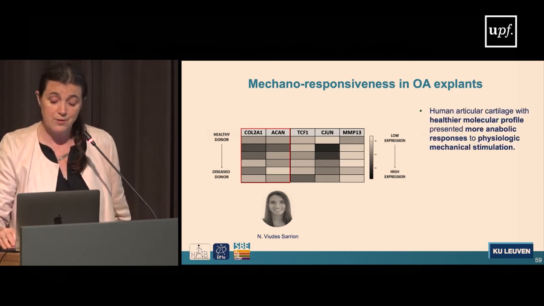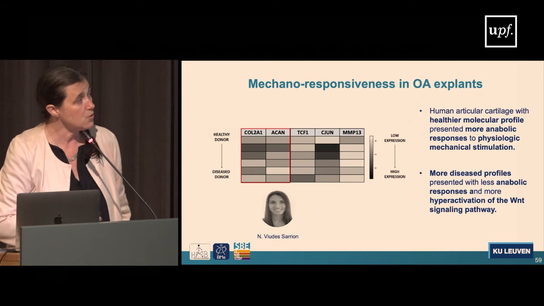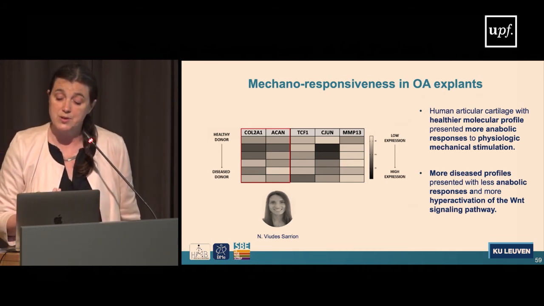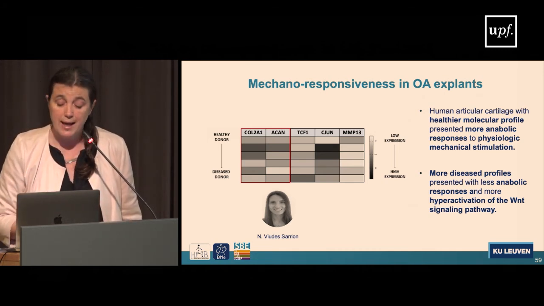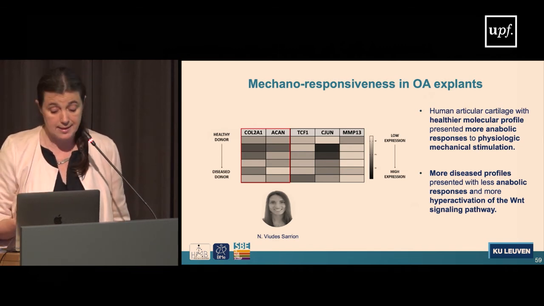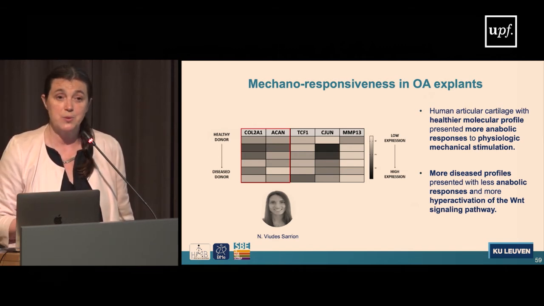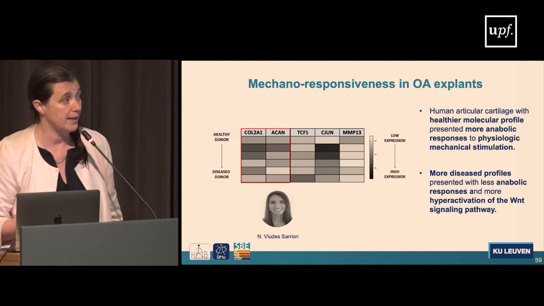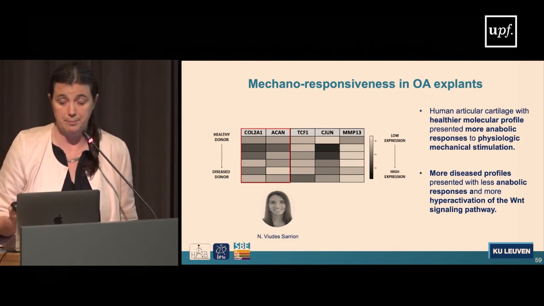Now, there are some patterns emerging. The closer you are to healthy donor, the better anabolic responses you have, so that is good. And for the more diseased profiles, we see that there is less anabolic response, but what was very important for us was that we saw the hyperactivation of the Wnt signaling pathway.